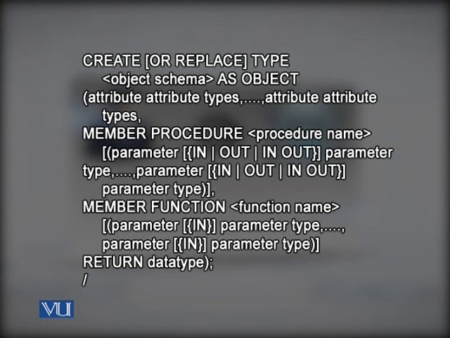As you can see from this slide, while defining the type, you only give the signature of the member function or member procedure. The syntax is that first of all you say member procedure, this you give as such, then you give the name of the procedure or function. This is obviously user defined.